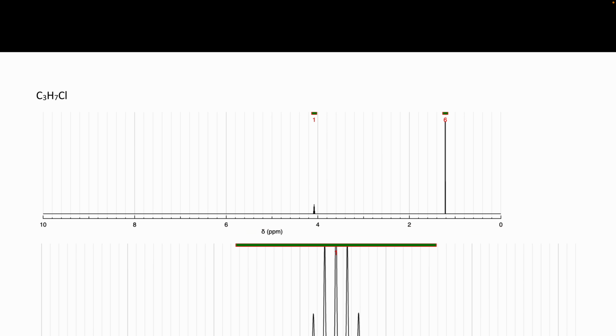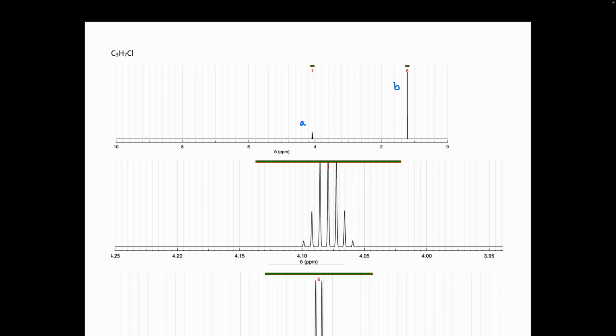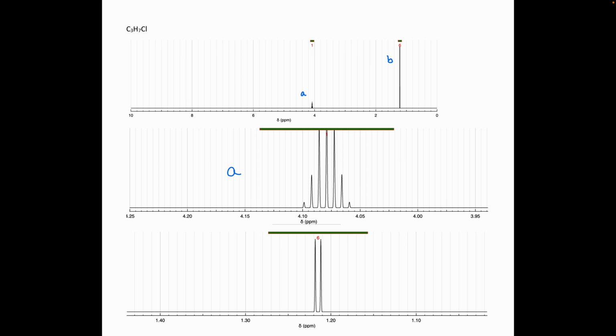We can go through and label, this is going to be peak A, this is going to be peak B. But in order to see the multiplicity of each peak, I've zoomed in. The next box down is a zoomed in image of peak A, and the next box down is a zoomed in image of peak B. So we can count our multiplicity.